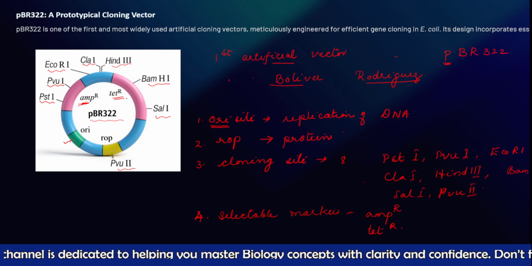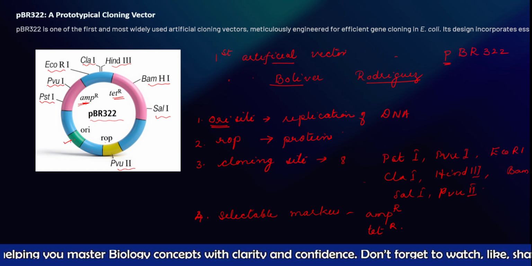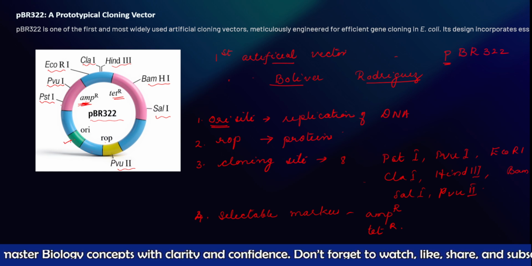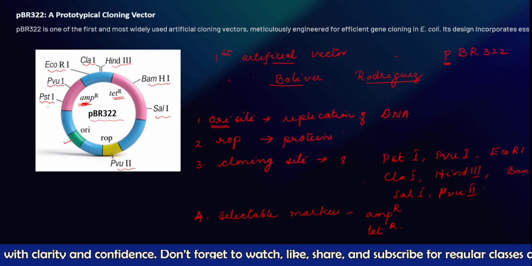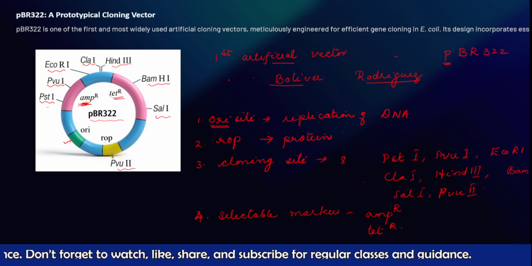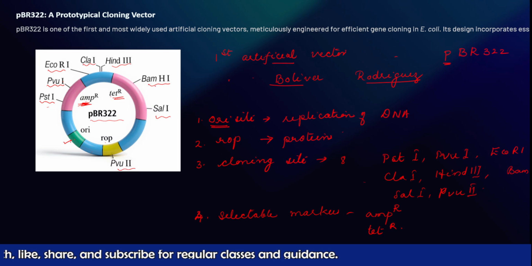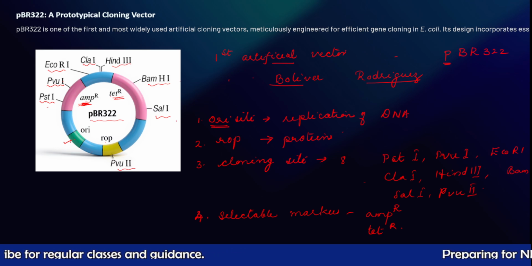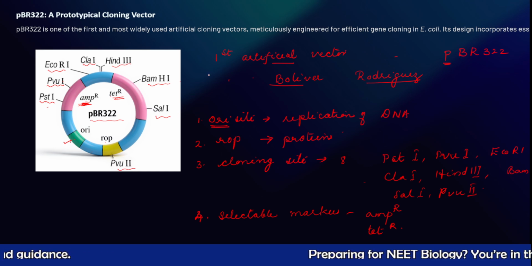When you check the diagram, in the ampicillin resistant gene there are 2 cloning sites, PstI and PvuI. In the tetracycline resistant gene there are another 2 cloning sites, BamHI and SalI.